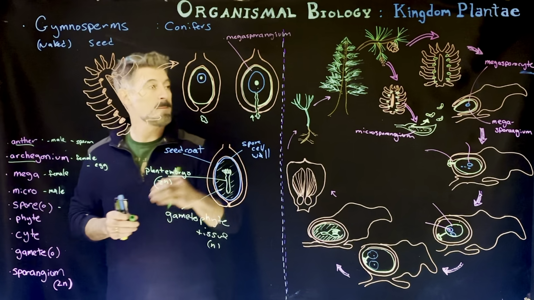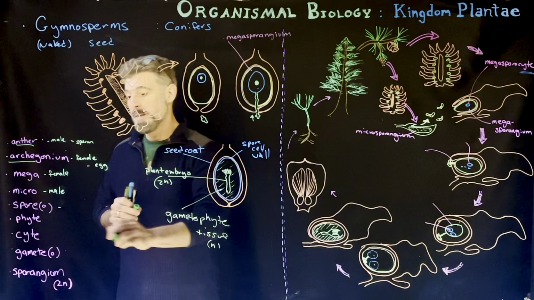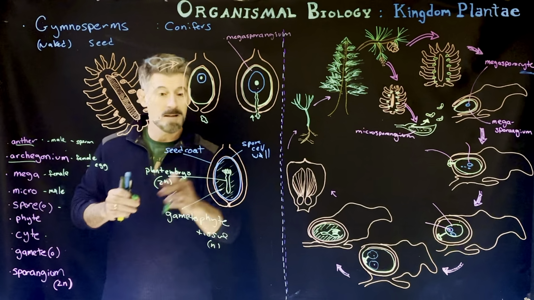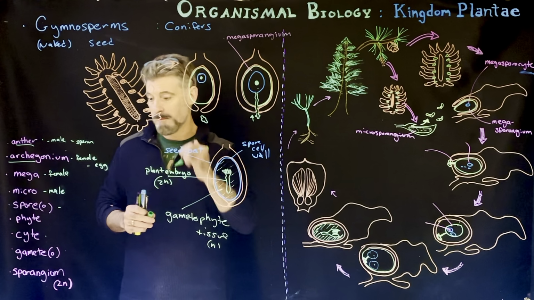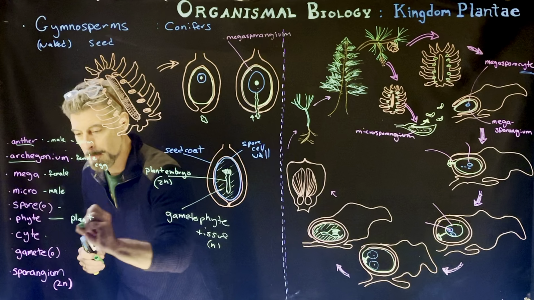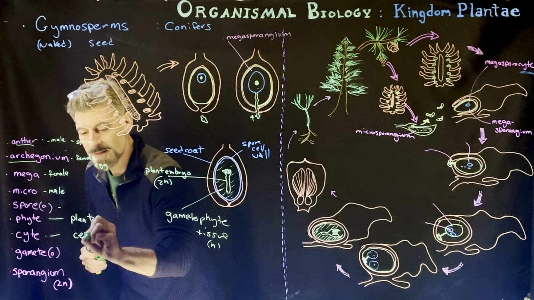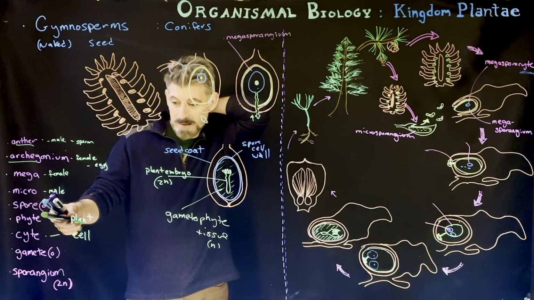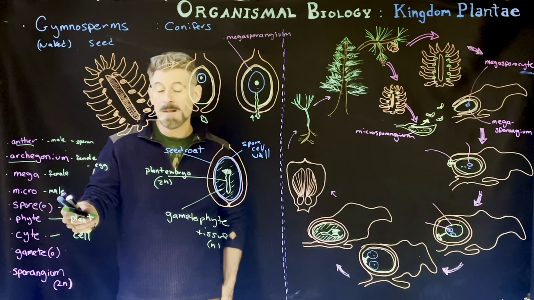And then as we break down some of those terms again, spore versus sporocyte versus sporophyte. Phyte refers to plant. Cyte refers to a cell, right? So a sporophyte is the spore-producing plant.